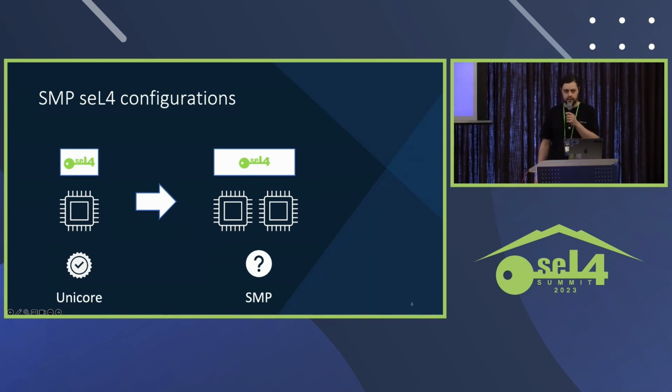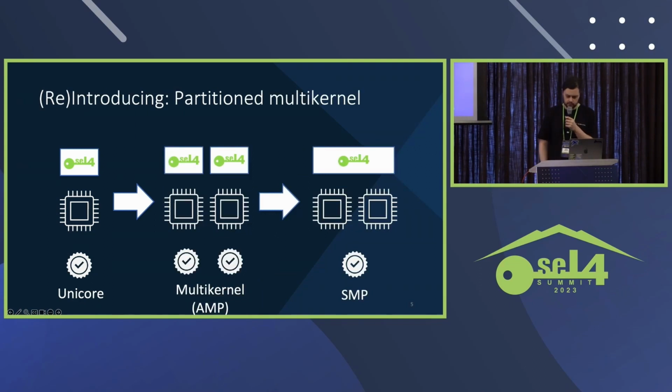However, it's unverified, and there's still a reasonably big amount of work required until it can be verified, because it's an inherently concurrent verification project because of all of the shared state in the kernel. And so until it is verified, there isn't really a way for high assurance systems to use a kernel where they require a verified configuration, so it can't be deployed in critical applications.